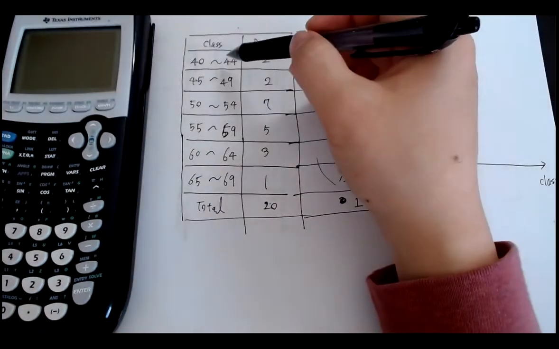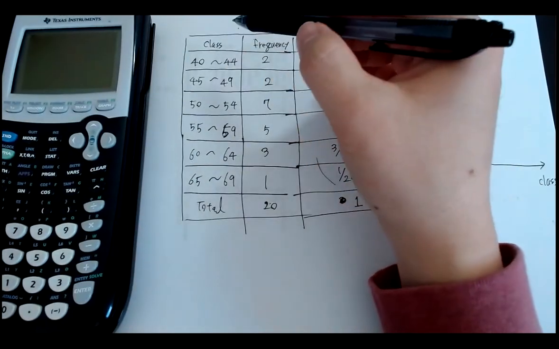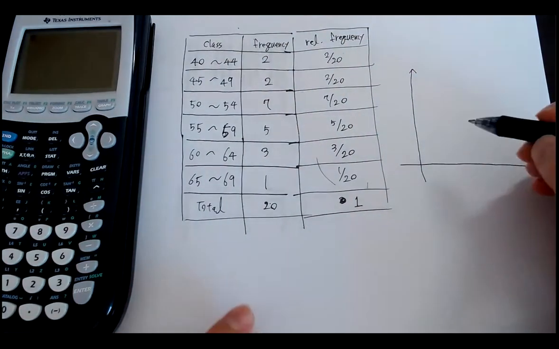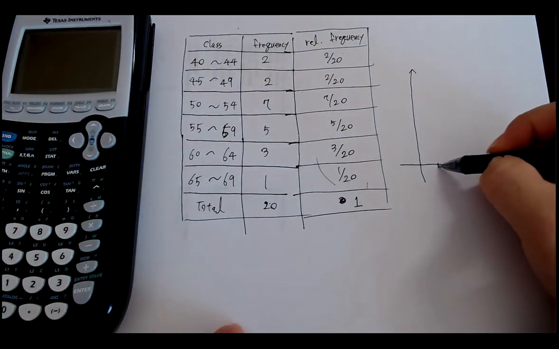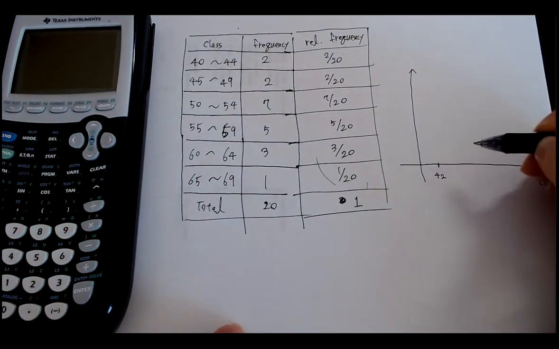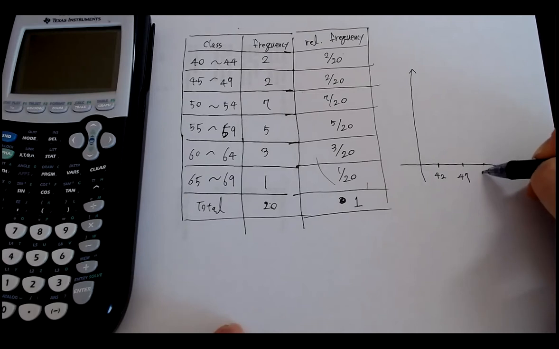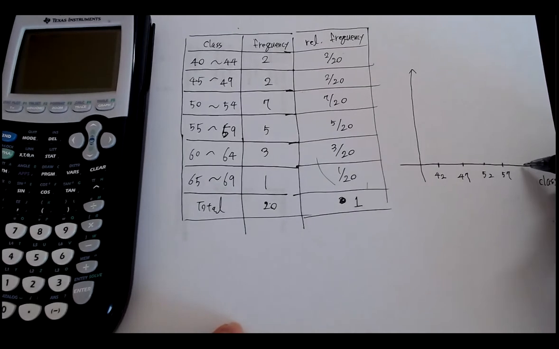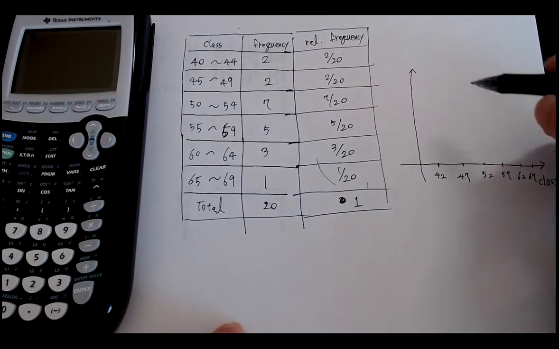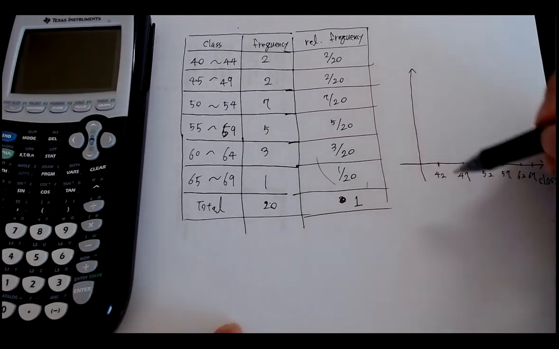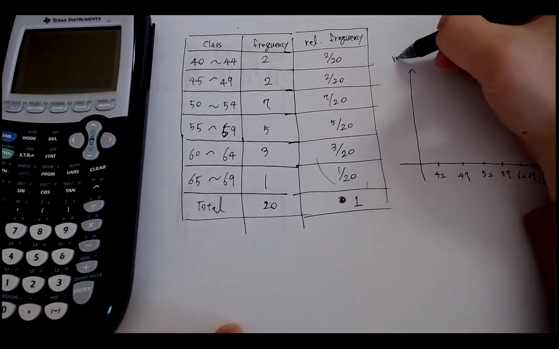So for the first class, the middle class value must be 42, right? So here's 42. And then the next one is 47, right? And then 52, and 57, and then 62, right? And then 67. Okay, and then the vertical axis represents relative frequency.